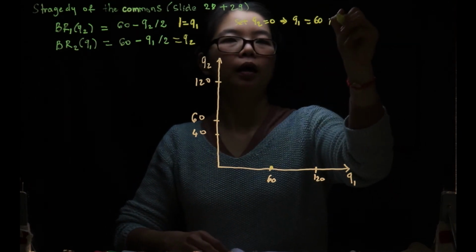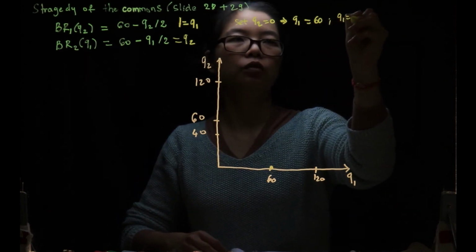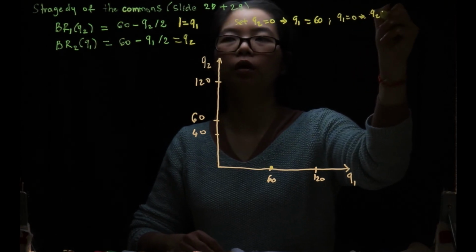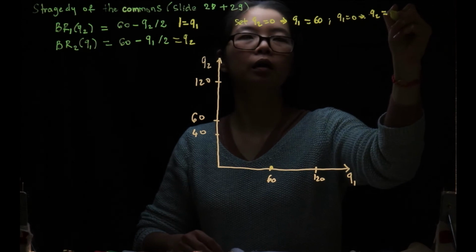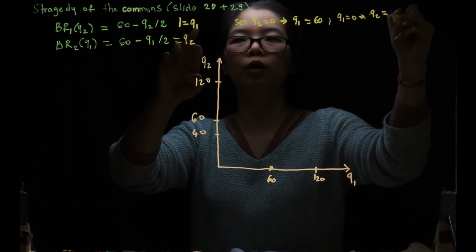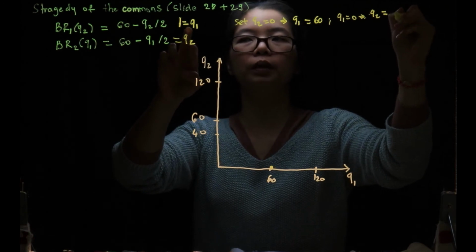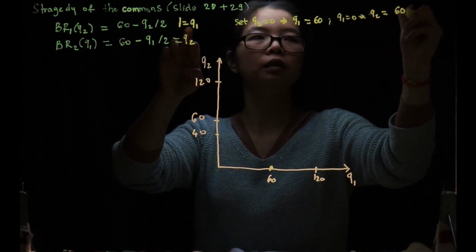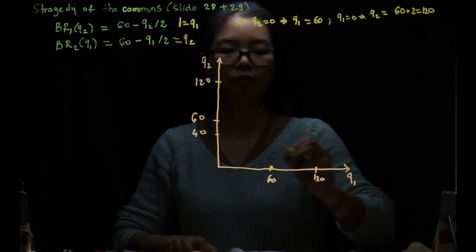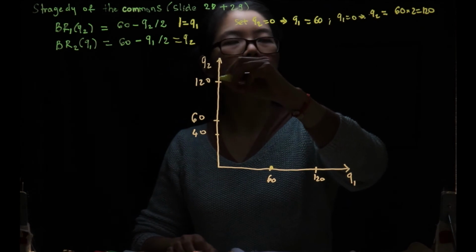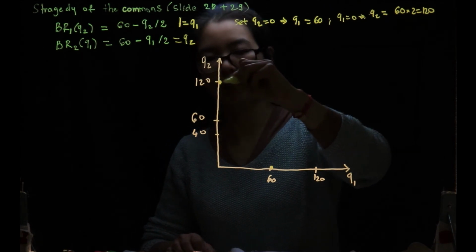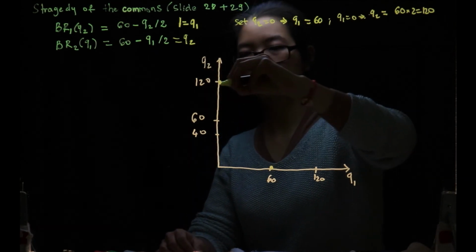Okay. And if q1 equals 0, then q2 will be what? Here q1 is 0, so that will be 60 times 2, which is 120, right? And q2 equals 120, so it's right here, this point on the vertical axis.